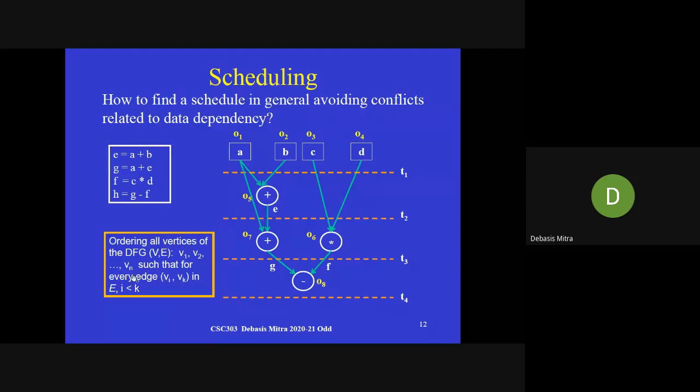That means whatever edge you have, any edge which starts from the ith node to the kth node, since k appeared after i in the order, the edge should also point from i to k, not from k to i. Because Vi is the input which must be evaluated first, then Vk can be evaluated.